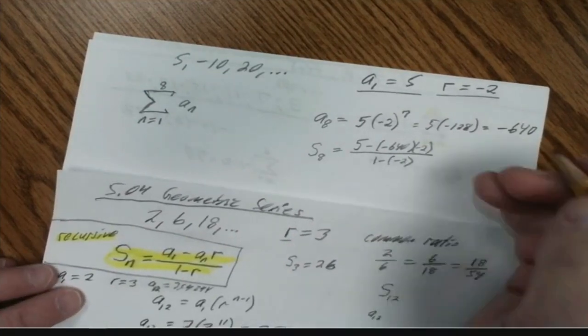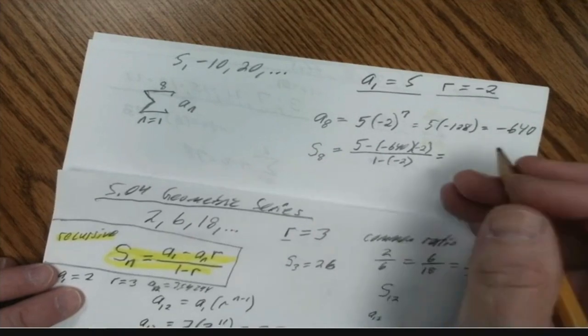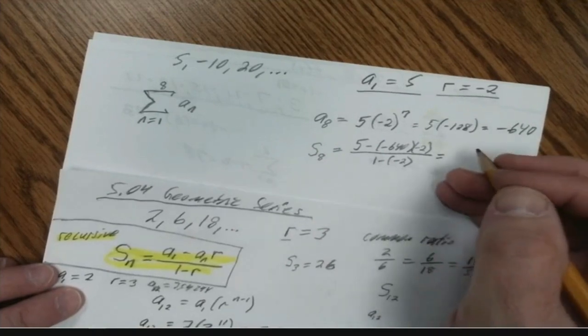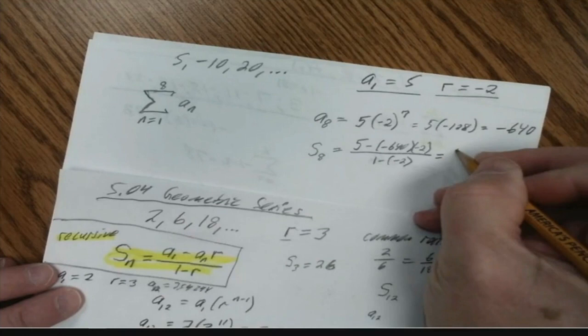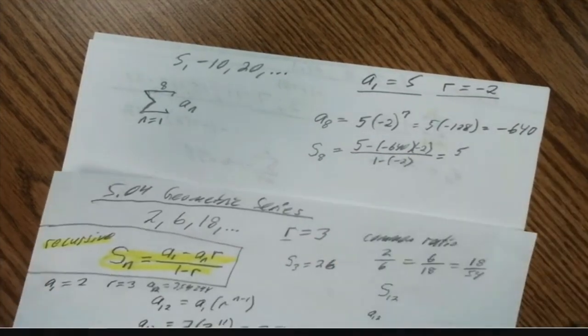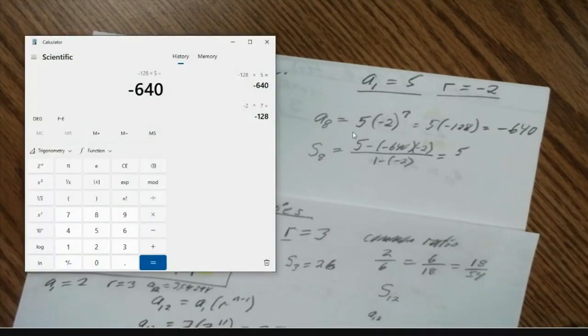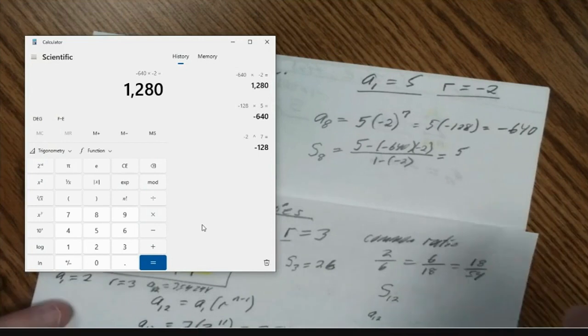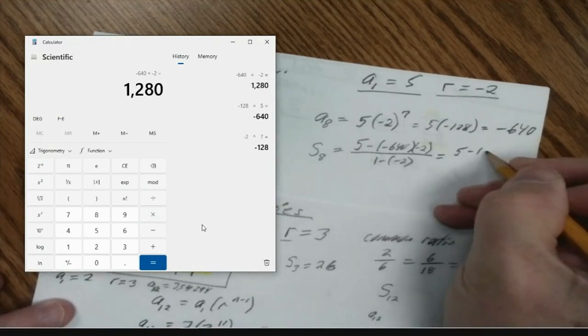Okay, so let's simplify what we can. This is 5 minus negative 640 times negative 2. Let's pull up our calculator: negative 640 times negative 2 is 1280. So now this is 5 minus 1280.